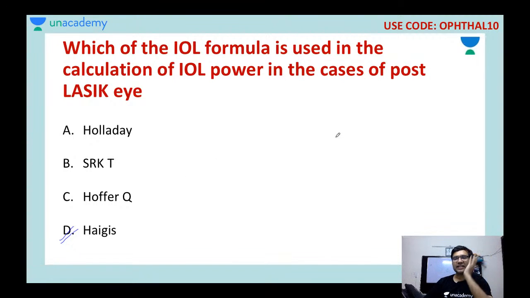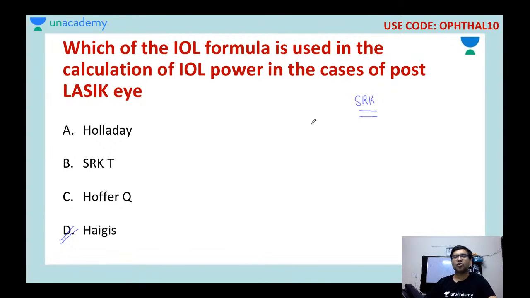The usual formula that we have studied in most of our textbooks is the SRK formula. But now we have many modifications of the SRK formula which can tell us the intraocular lens power more correctly. The most important of them is the SRK/T formula. But special formulas can be used in special situations.